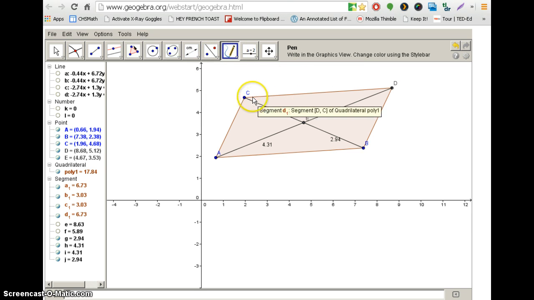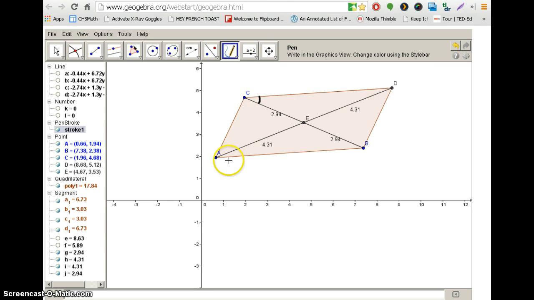So what we do know is that, since the sides are parallel, this segment that goes from C to B is a transversal of these two lines, line CD and line AB, and we see only the segments, right? Segment CD and segment AB are parallel, and CB is a transversal of that.